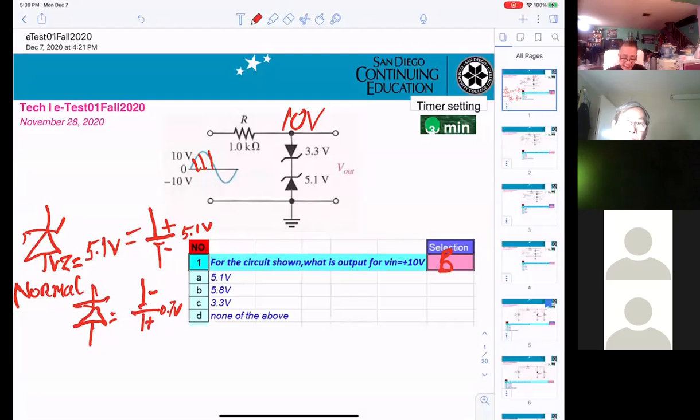One side is 10 volt, the other side is ground, so it does not break down. And if it does not break down, then you substitute it by positive, negative, and the value will be plus, minus 0.7.